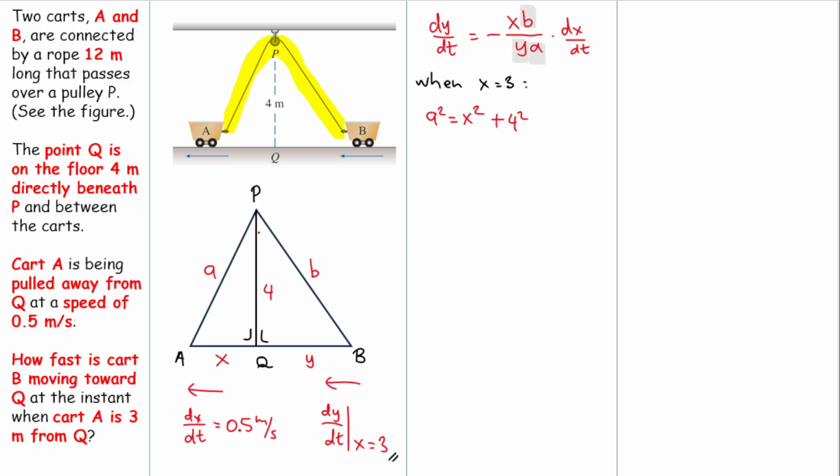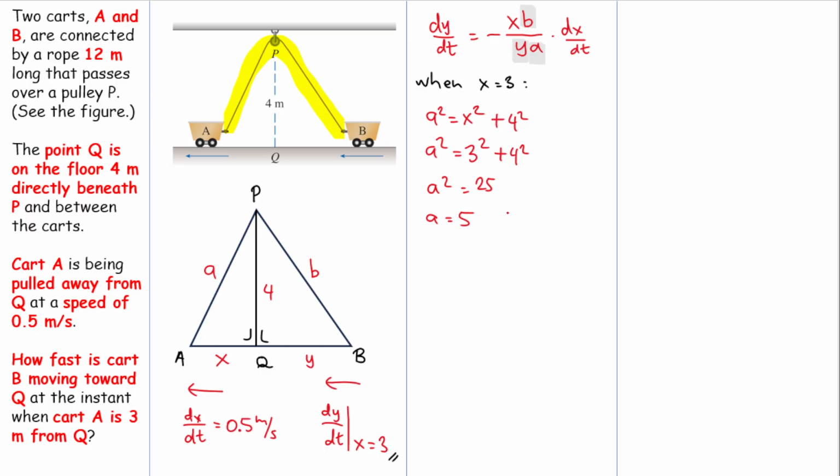That is the Pythagorean theorem. We know x, so I will have 3 squared plus 4 squared. That is a squared, so a squared will be 9 plus 16, which is 25. And a is plus or minus 5, but the length of a triangle side is always positive, so I know that a will equal 5.